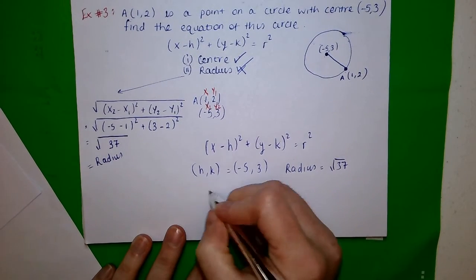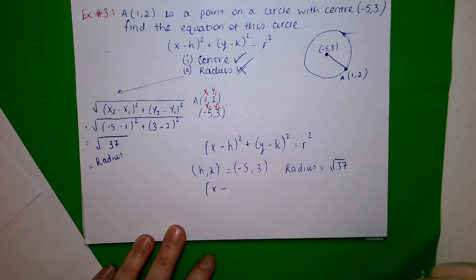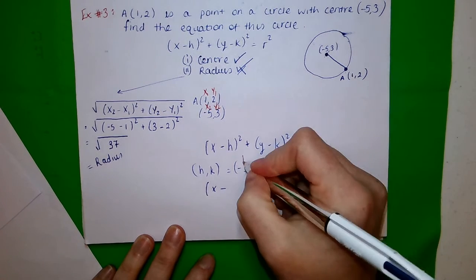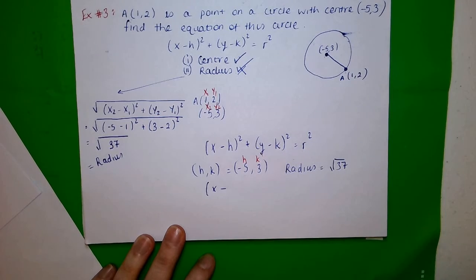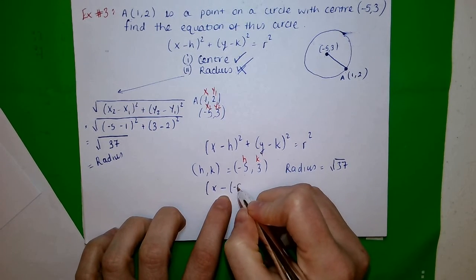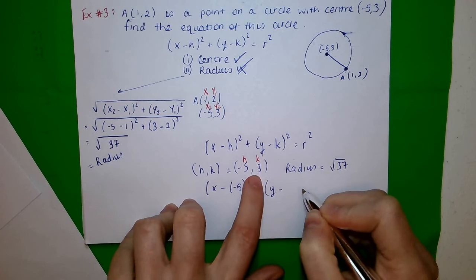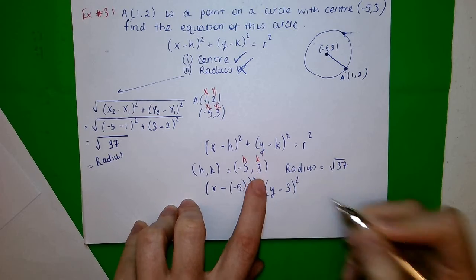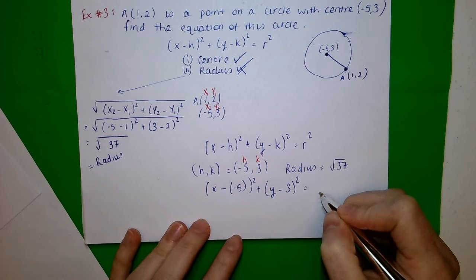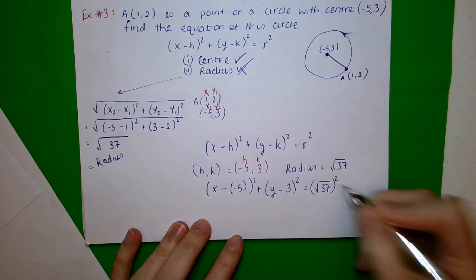When we do that, we get x minus, now just be careful here, because h is a negative number, we're going to put it into a bracket. So x minus h, but h is equal to −5, so we're sticking it into a bracket, plus y minus k, we don't need to put that one in a bracket because it's not negative, equals the square root of 37, and remember that we have to square the radius.